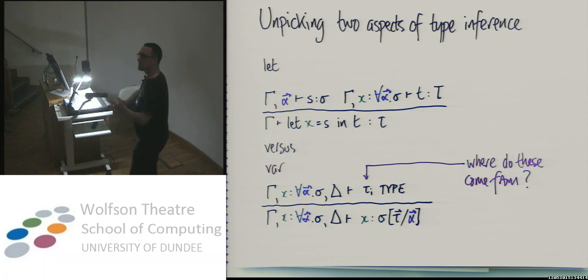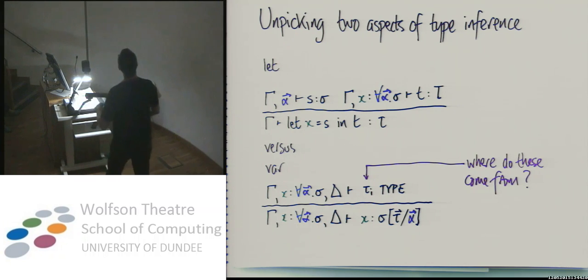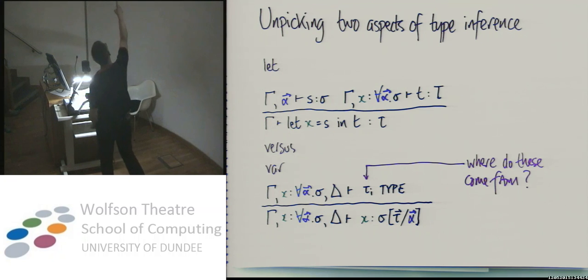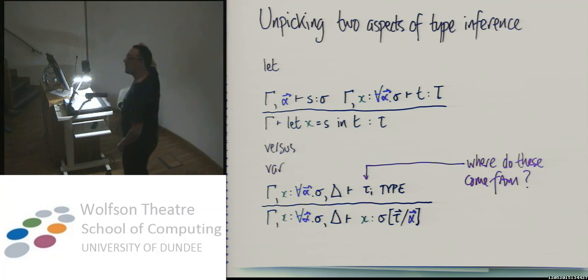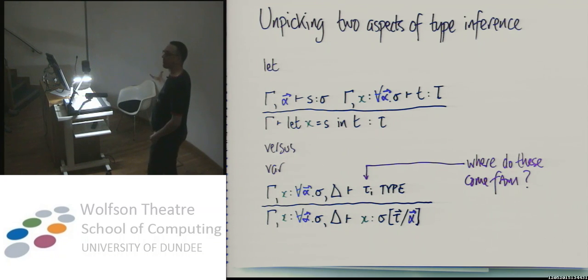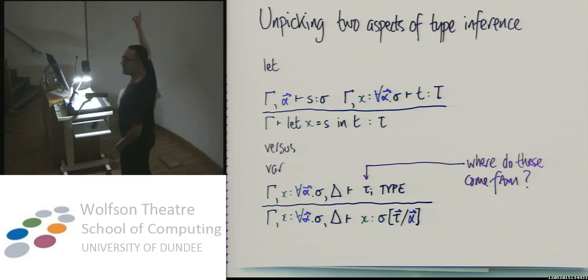Okay, so what's going on here in Milner's let rule is, first of all, in our program there's no clue as to what sort of a thing X has to be. And we're relying on type synthesis to work properly to figure out what sigma is.